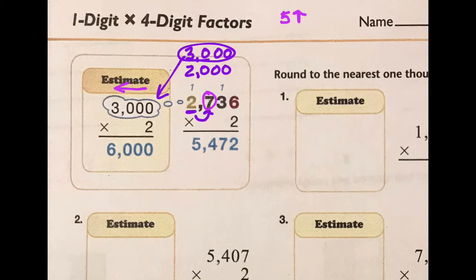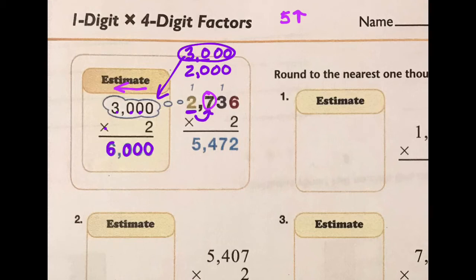Same thing when we do the multiplication or the addition and the subtraction. It's the same. We always start with the ones place. All right, so let's do it. 2 times 0 is 0. 2 times this 0 is 0. 2 times this 0 is 0. 2 times 3 is 6.